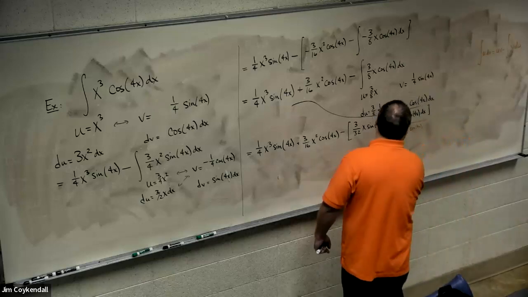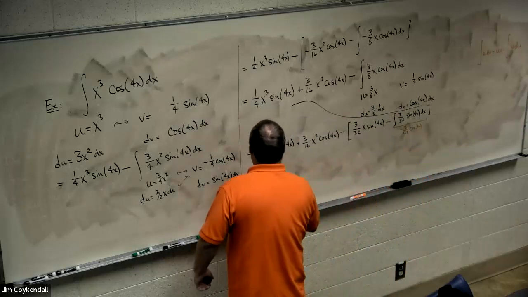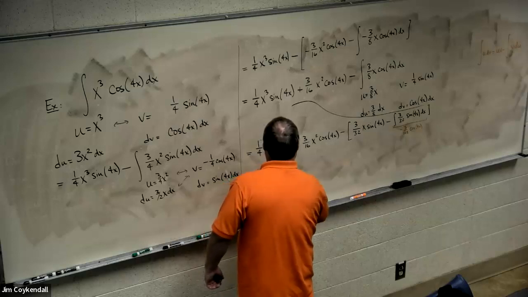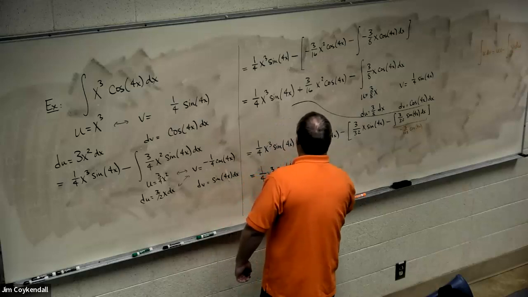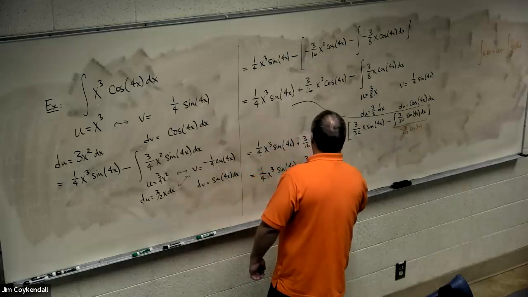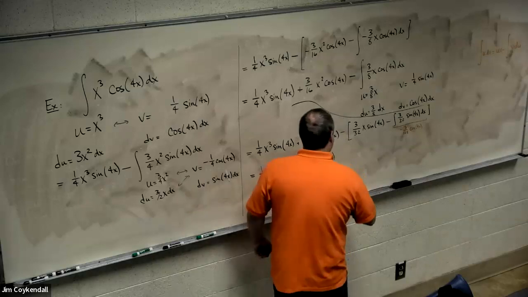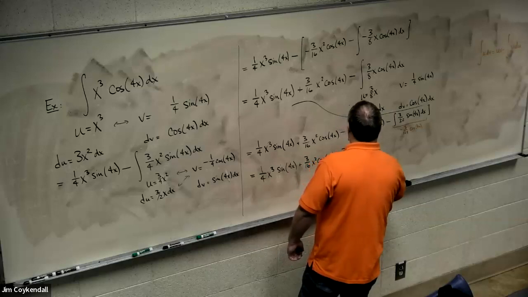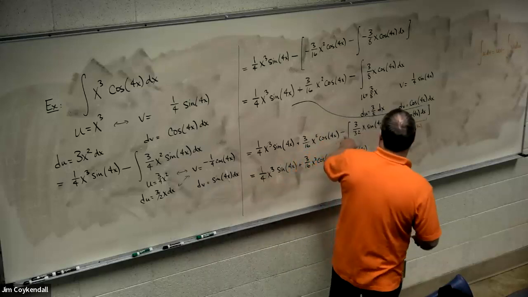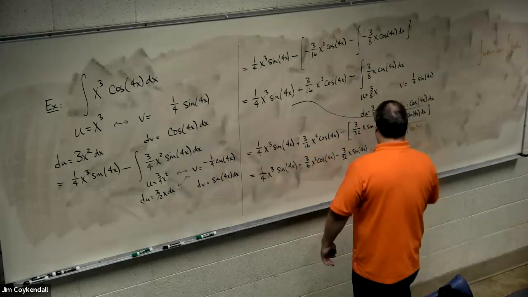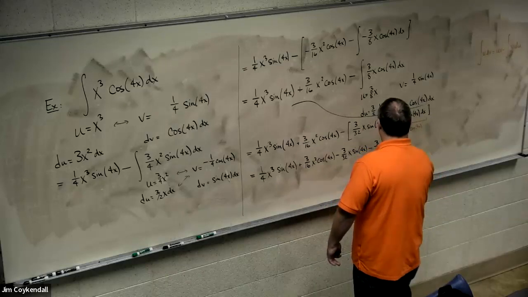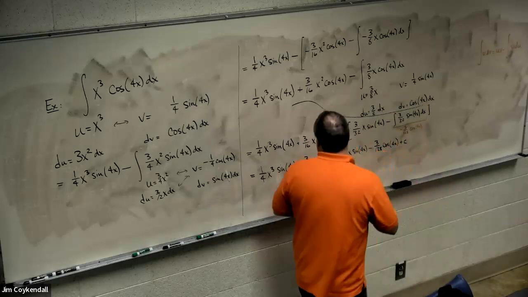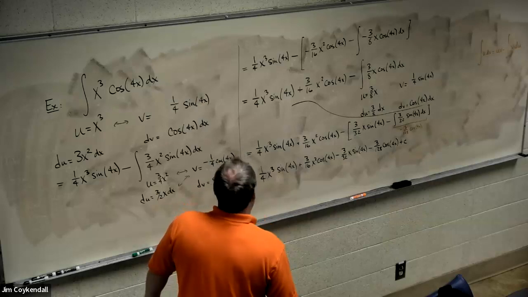But then it's minus. So the final answer should be 1/4 x cubed sine 4x plus 3/16 x squared cosine 4x minus 3/32 x sine 4x, minus is plus, then another minus 3/128 cosine 4x. Wow. Let's see if this works.